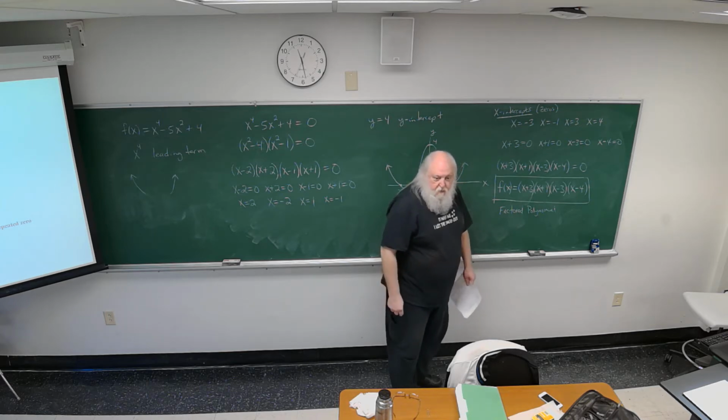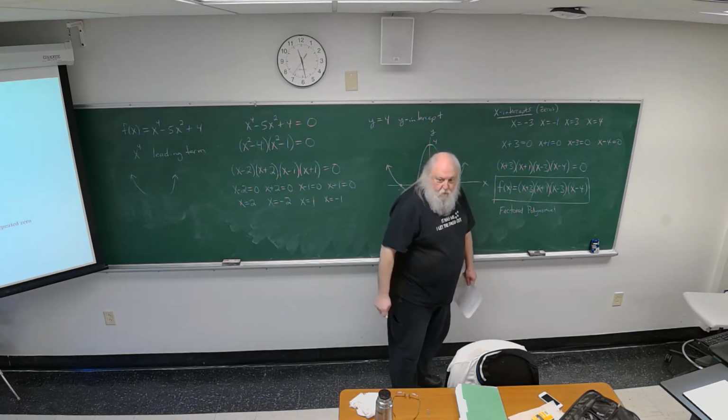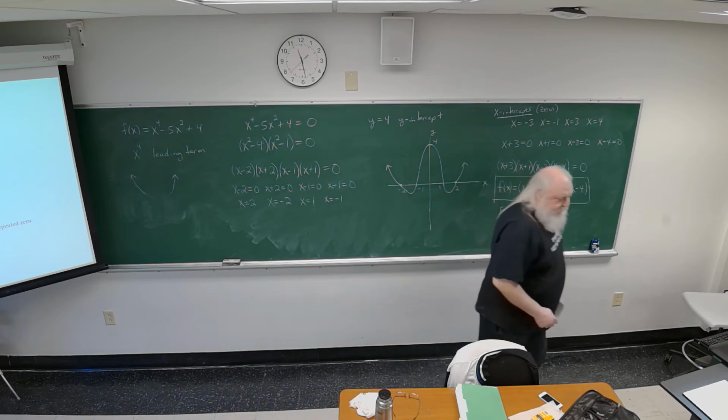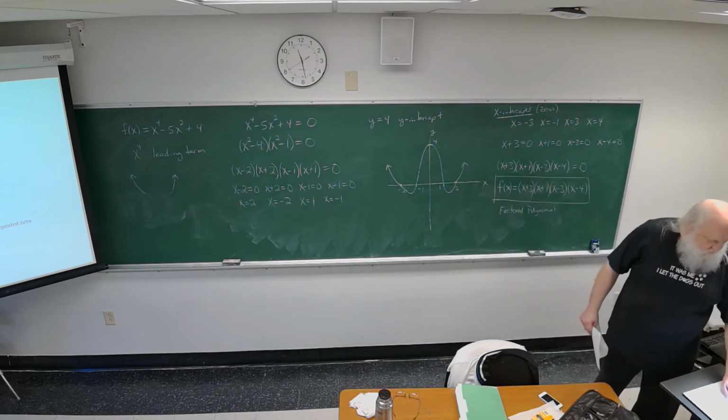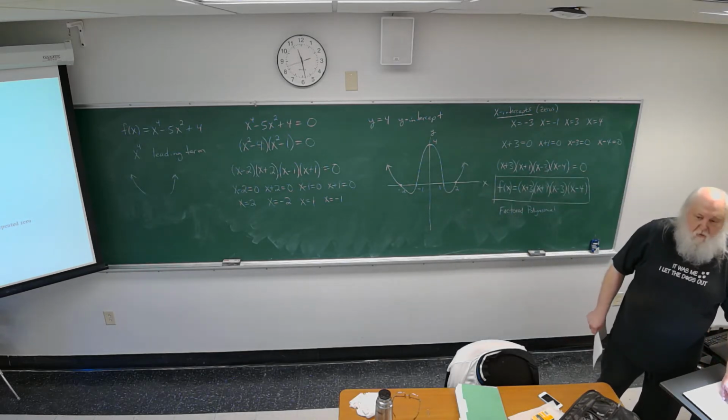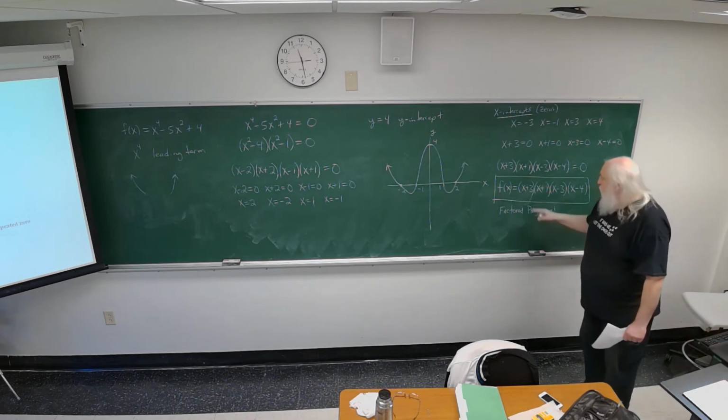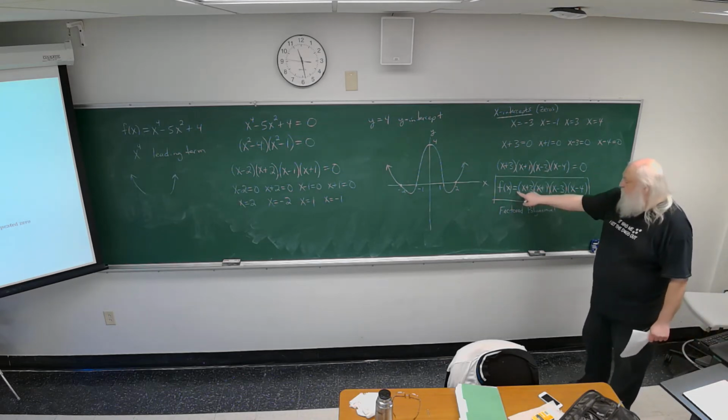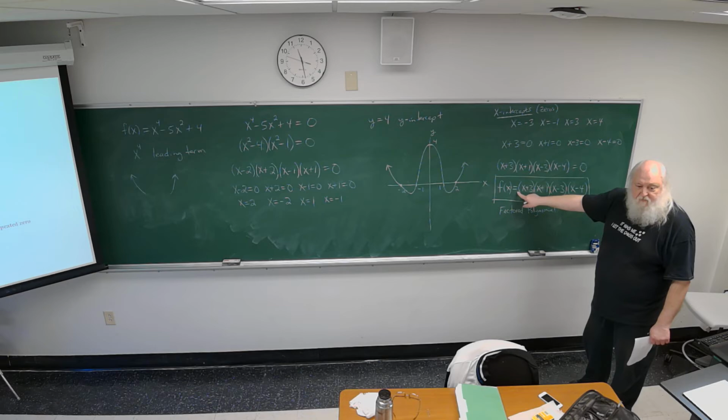Okay? But I left out one very important thing in this problem. We are given that it has a leading coefficient of 2. What I have written on the board here, the number in front of this factor, is the invisible 1. So the leading coefficient for this factored polynomial is 1.